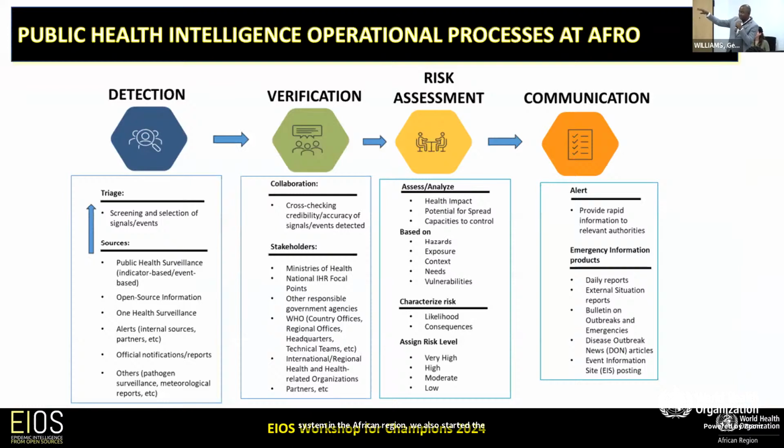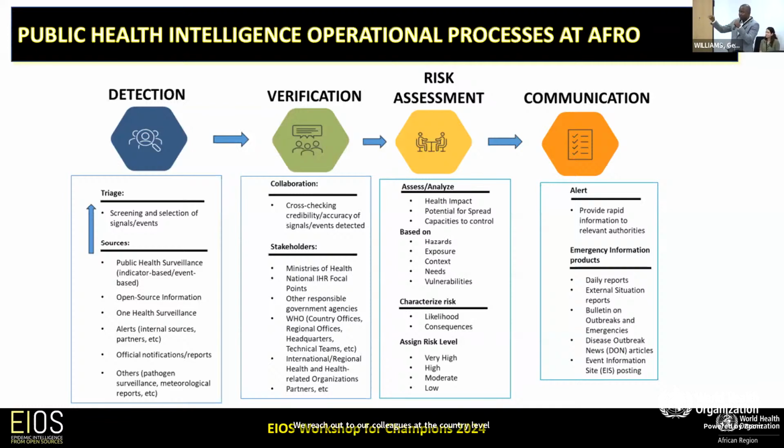This is how we operationalize public health intelligence in the African region. So the first step is signal detection. We detect a signal, and then when a signal is triaged, before it becomes an event, we need to verify the signal. And for this, we reach out to our colleagues at the country level.